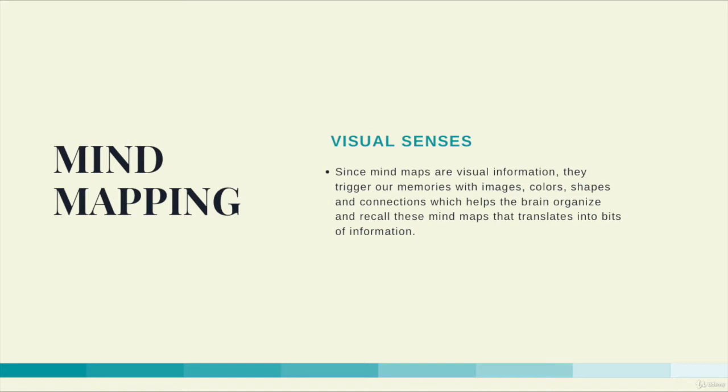But with mind mapping, instead of these ideas coming through your mind and just going without you even becoming aware of how helpful they could become, as soon as you get one piece of information and put it on a mind map, you're looking at it and memorizing this visual information.